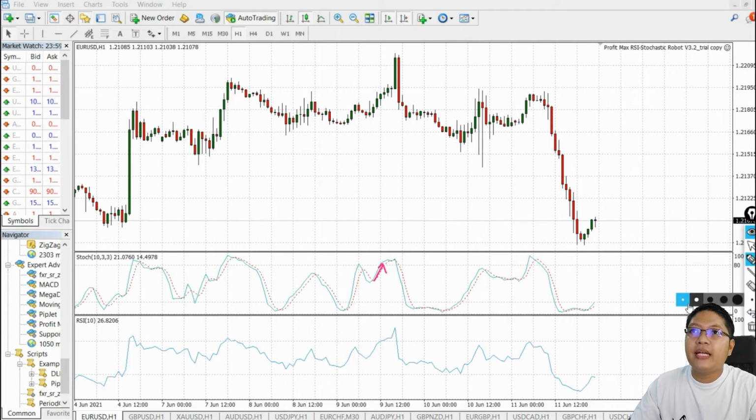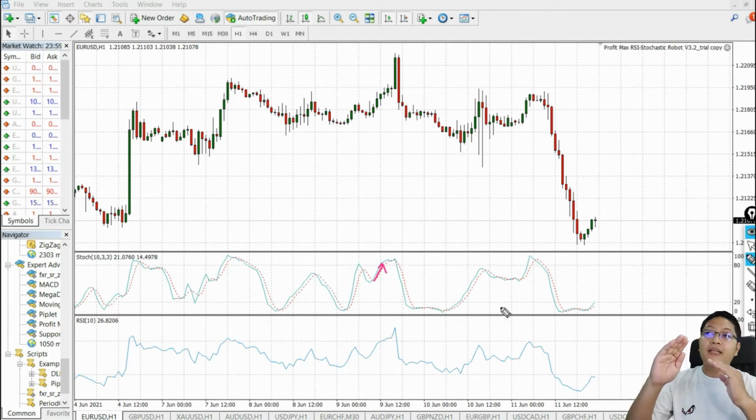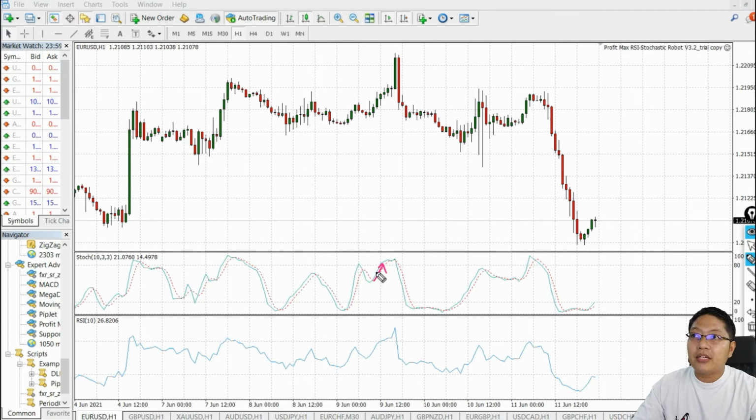This is the best entry that I usually use with these two indicators. You must wait for these two signals that are already crossing. The moment it has crossed here, don't open a trade yet. Since this is a momentum indicator, the best time to open is the moment it starts going down. So the moment it crosses here, you have the 80 level right here, and then you have 70 for your RSI.